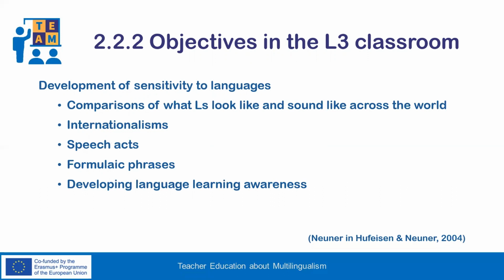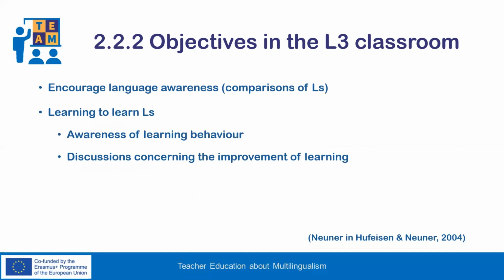Development of sensitivity to languages, comparisons of what languages look like and sound like across the world, internationalisms, speech acts, formulaic phrases, developing language learning awareness. Encourage language awareness through comparison of the languages, learning how to learn languages, awareness of learning behavior, discussions concerning the improvement of learning.